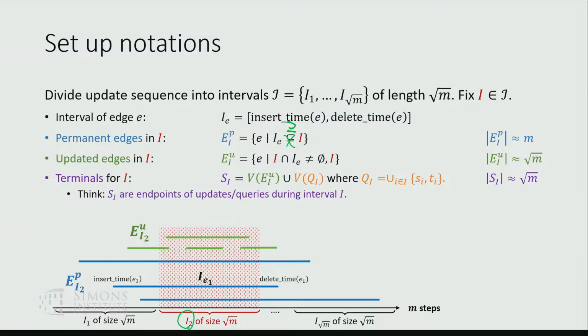So everything that is an endpoint related to the interval, whether updated or query: it is an endpoint of the updated edges during the interval I, and also an endpoint of all the queries s_i, t_i within the interval I.